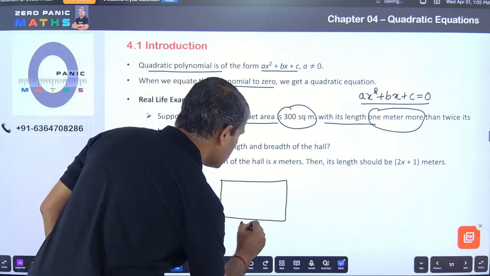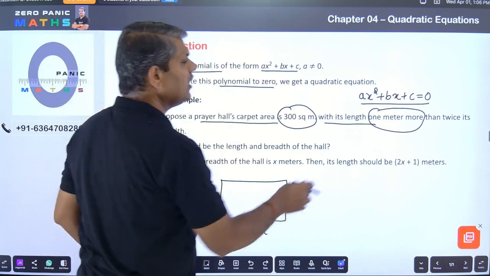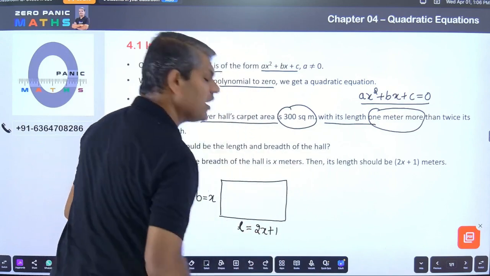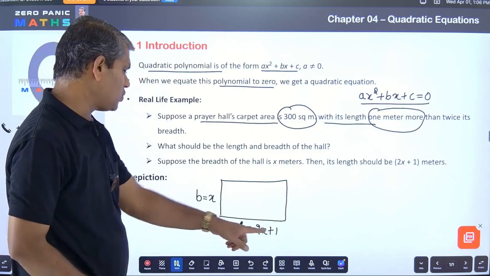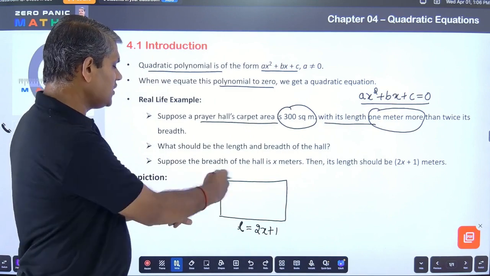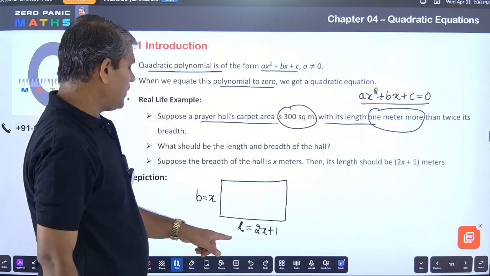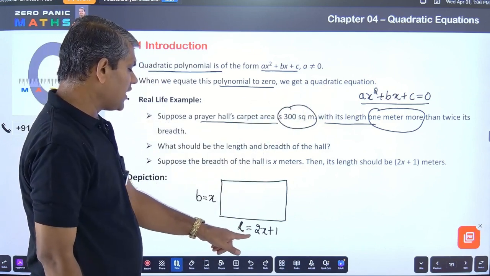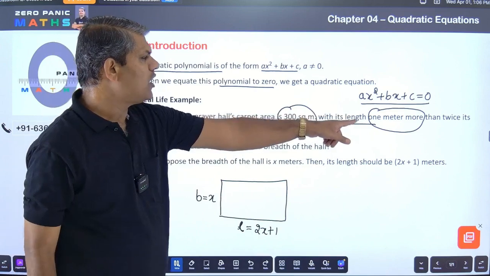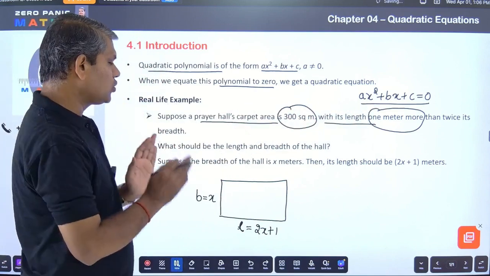Twice its breadth will be 2x, and they are saying one more than twice its breadth. So length is 2x plus 1. Let us assume that the breadth of this rectangle is x, then with the given statement, the length of this rectangle is twice its breadth plus 1, that is, 1 meter more than twice its breadth. I hope you understood this concept.